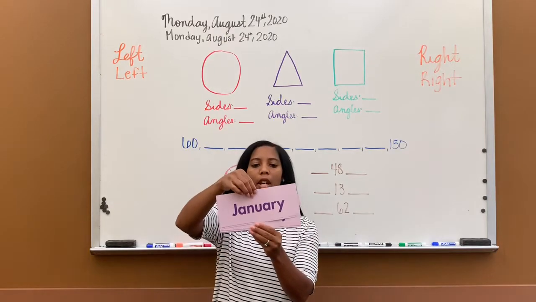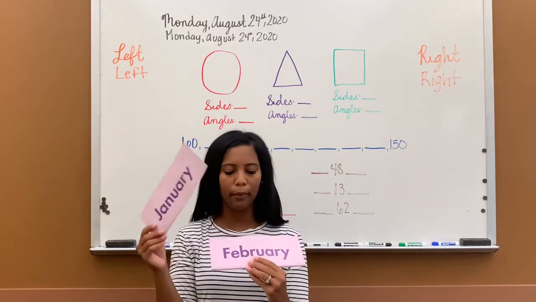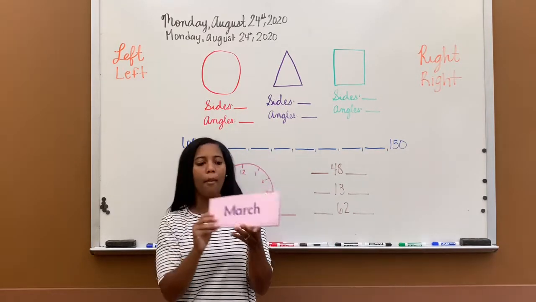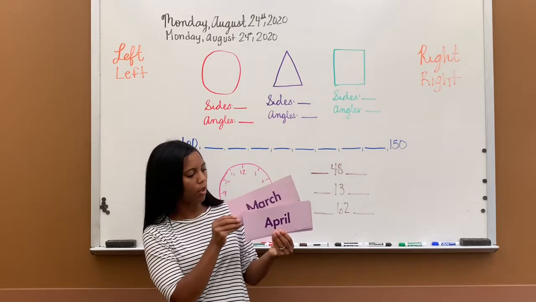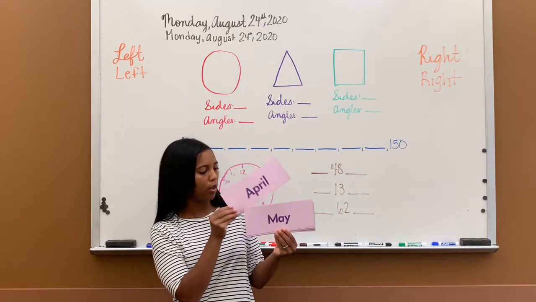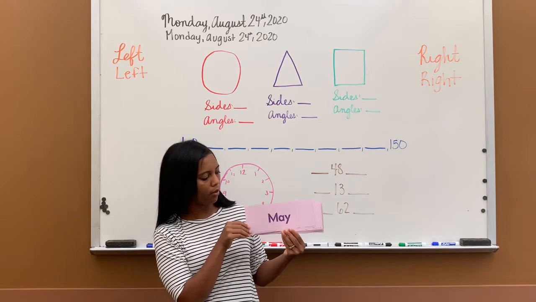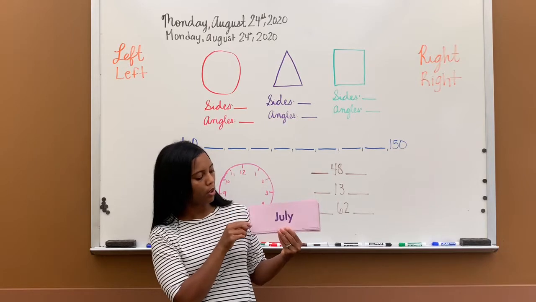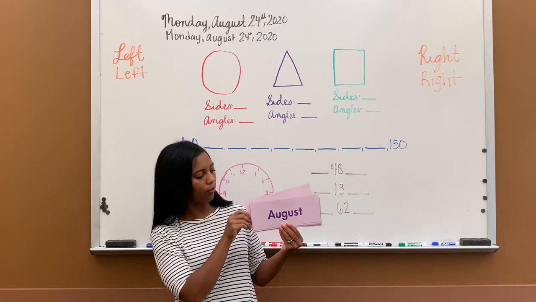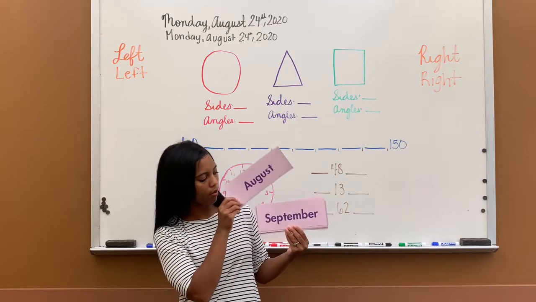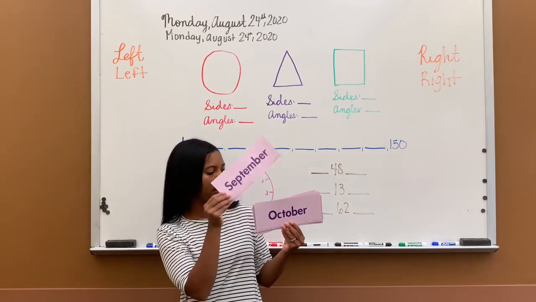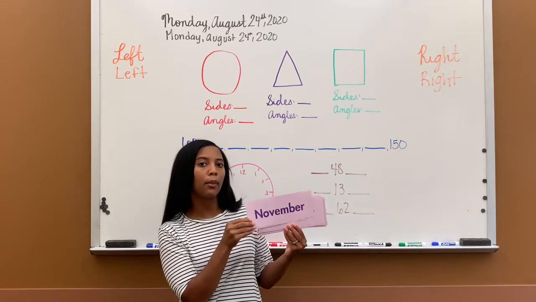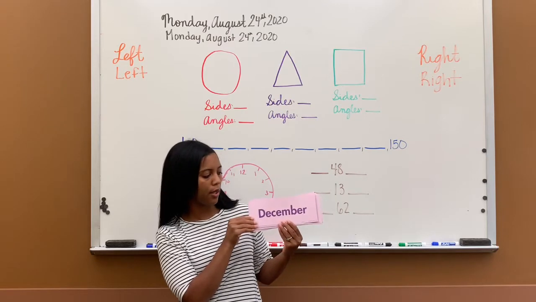This is January. Next, February, March, April, May, June, July, August, September, October, November, December.